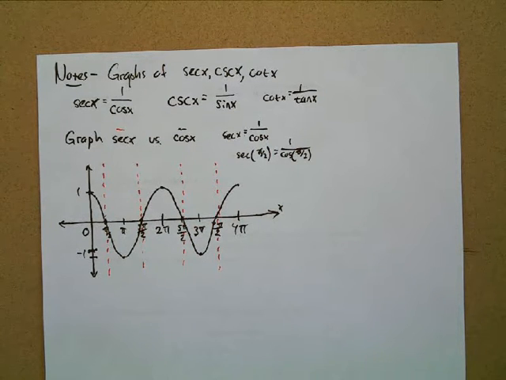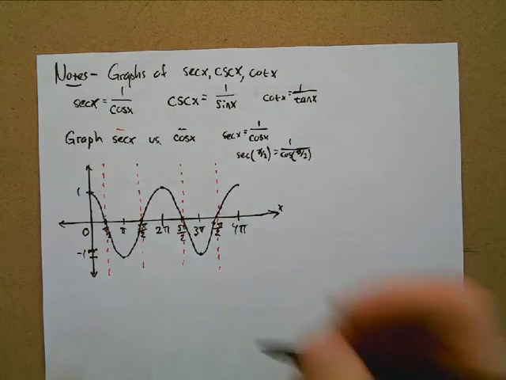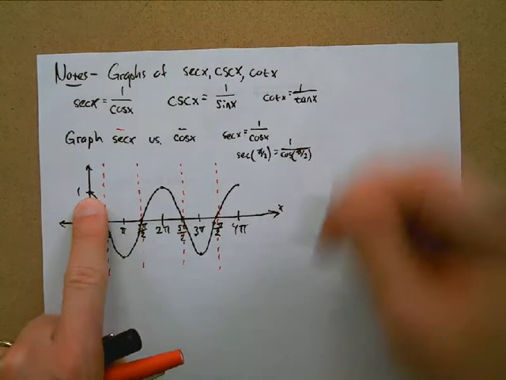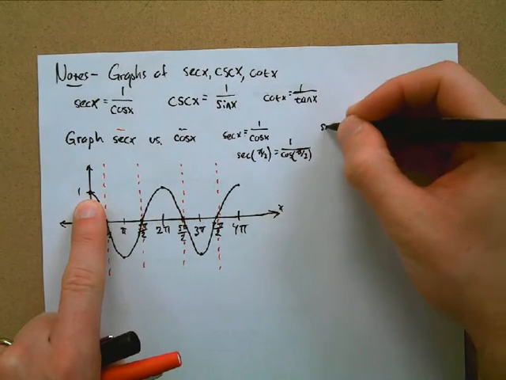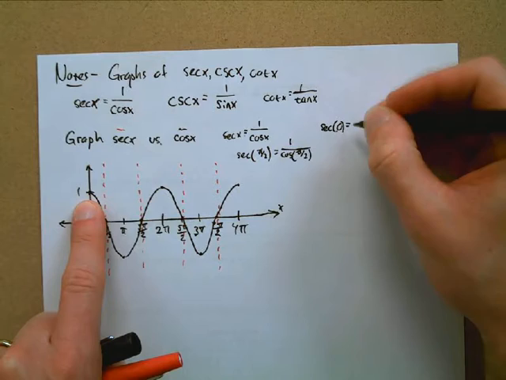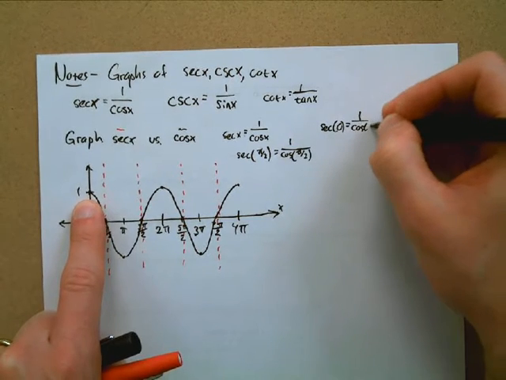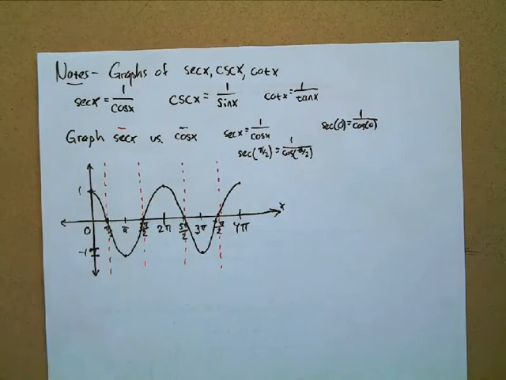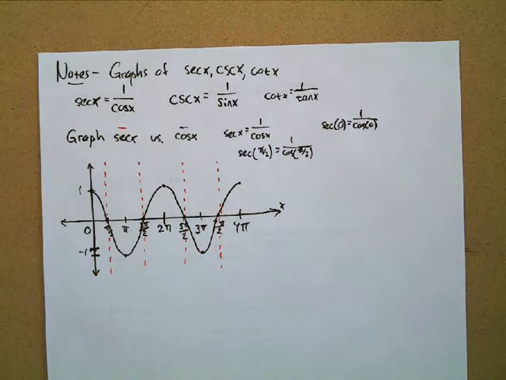Now, we also know some other pieces of information here, some easy calculations to do. For example, at 0, cosine is 1. So the secant of 0 is going to be 1 over the cosine of 0. Cosine of 0 is 1, so secant of 0 will be 1 over 1, which is just 1 again. The reciprocal of 1 is 1.